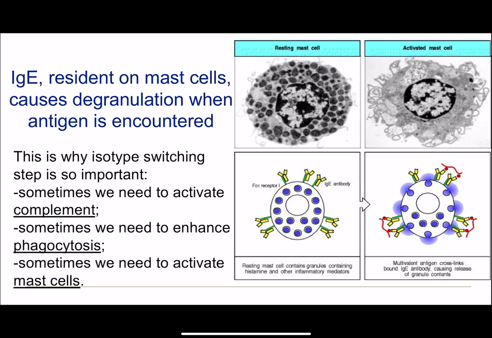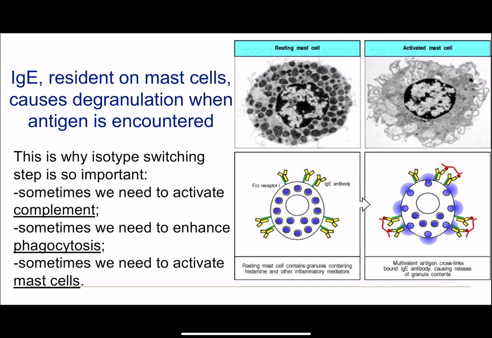If anybody has hay fever or allergy to cats, molds, or pollens, the antigen, which could be an allergen, will bind to the Fab portion. The Fc portion binds to the mast cell, and that causes degranulation of the mast cell.